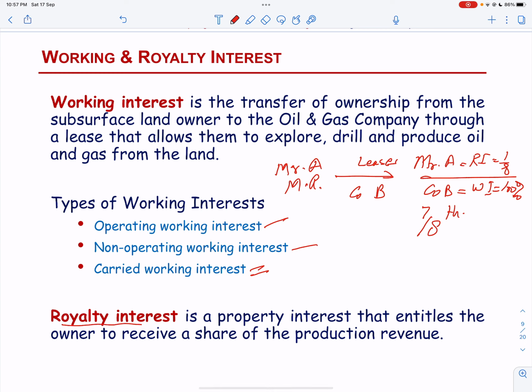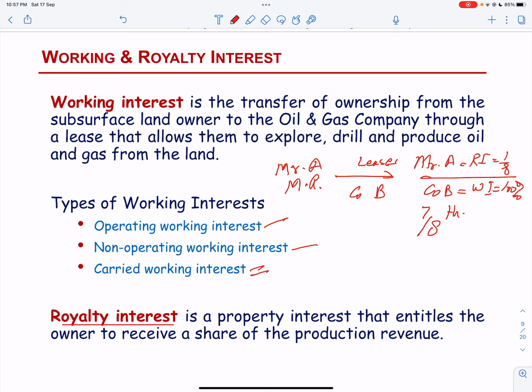Royalty interest is created by lease agreement but the royalty interest owner is not responsible for the exploration, development, or production of the property. The royalty interest is retained by the owner of the mineral rights.